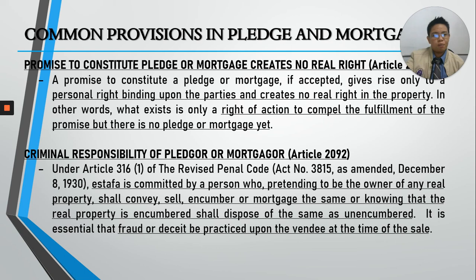So, either you pretend to be the owner or you mortgage it as unencumbered when in truth and in fact it has encumbrances. So, that is 2092 in relation to 316.